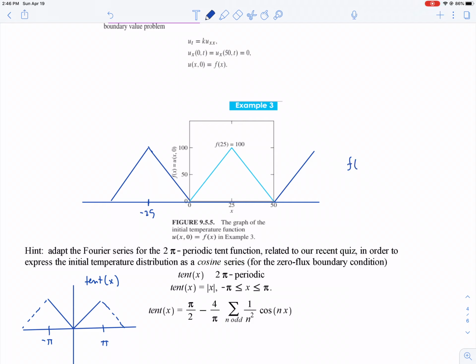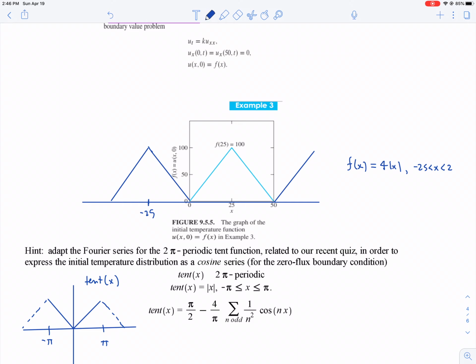So f of x, although we care about the interval from 0 to 50, it's really the 2L, where L is 25, tent function expanded. So it's actually 4 absolute value of x, because at 25 it's 100, for negative 25 less than x less than 25.